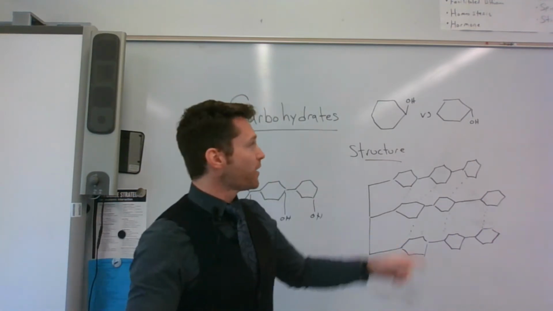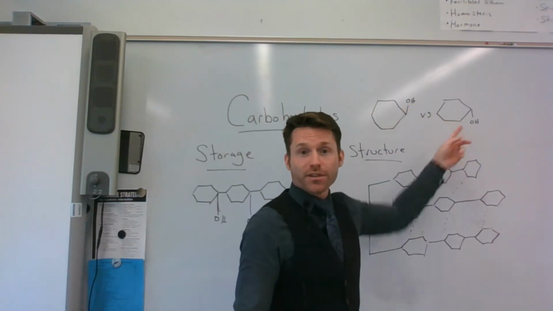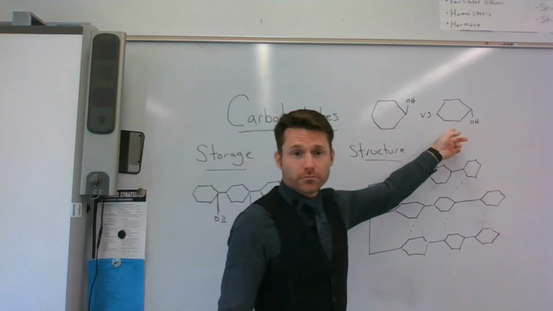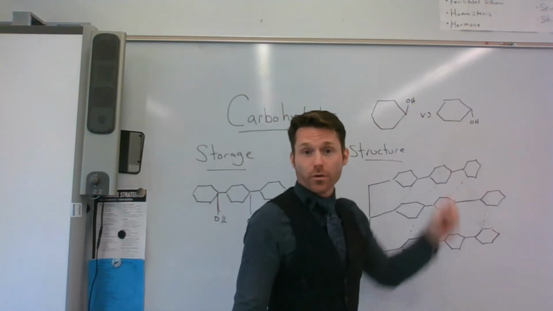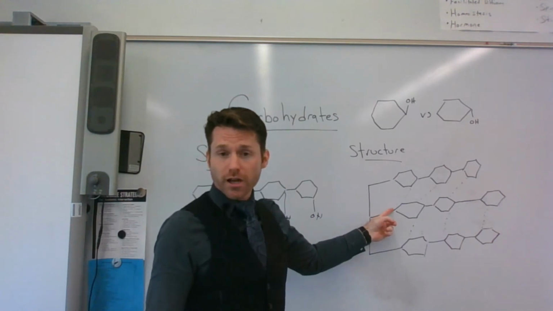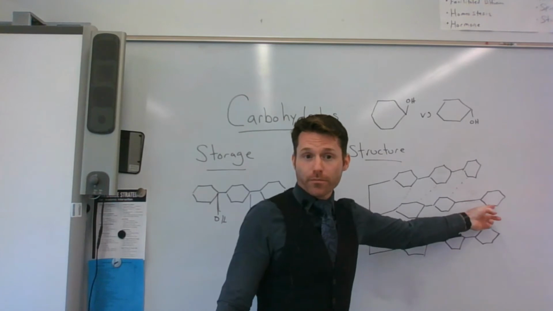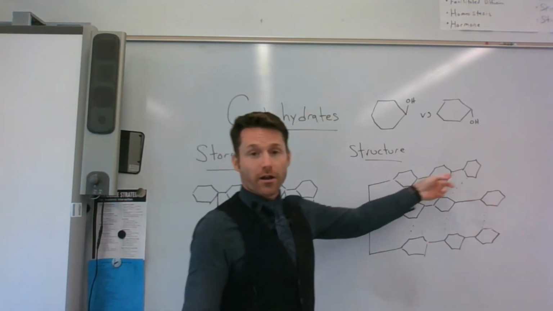But this all comes down to this very slight difference of ups and downs in this format. Right? Same molecule, just slightly different position in this OH group. And so in the structural carbohydrates, the OH groups are alternating up, down, up, down, up.